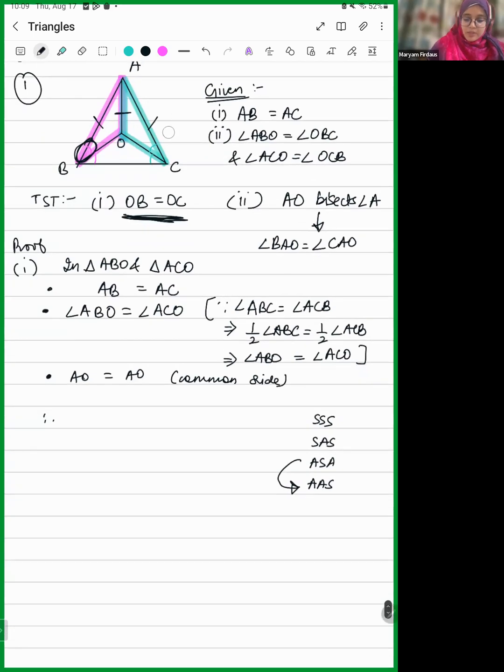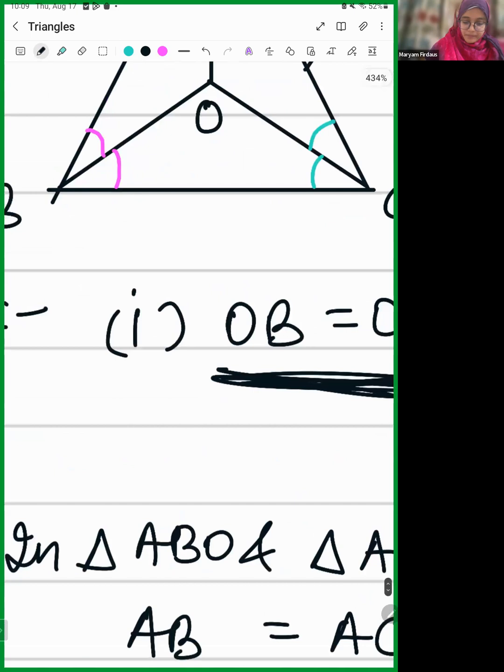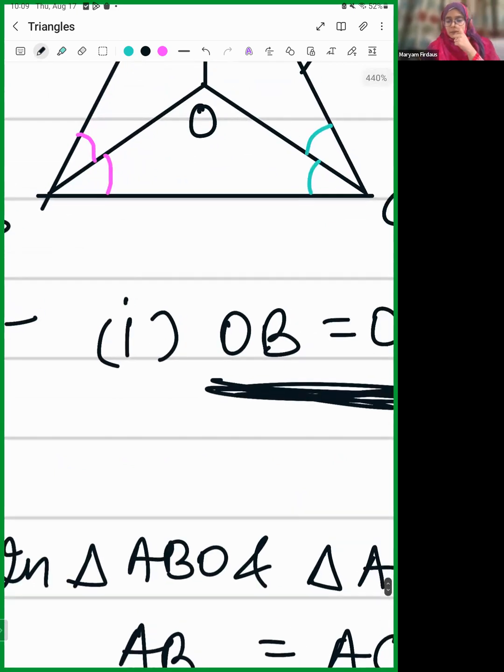So what we have to do is change our perspective. Prove that BOC is an isosceles triangle. Let's forget about these two triangles being congruent. Let's look at this tiny triangle over here. In this triangle, this angle is equal to this angle or not?